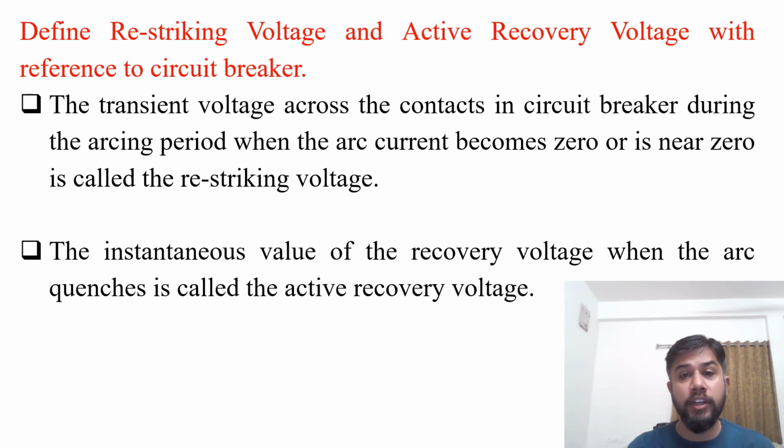Define restriking voltage and active recovery voltage with reference to circuit breaker. The transient, momentary high value of the voltage across the contacts of the circuit breaker, in the first 1 to 5 cycles or 1 to 8 cycles, during the arcing period when the arc current becomes 0 or near 0, is called restriking voltage.